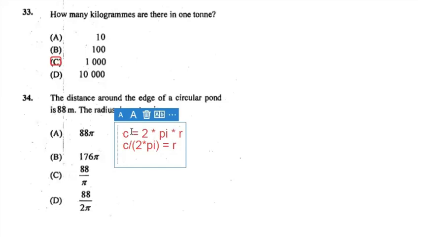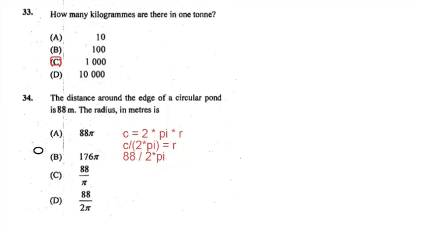And the question gave the circumference, which is the distance around the circular pond, as 88 meters, and that is divided by the 2 pi, and therefore answer 34 is D.